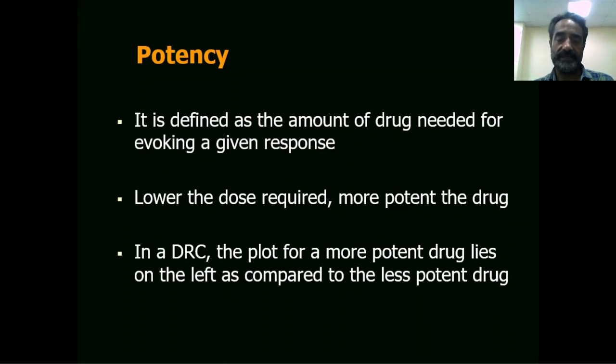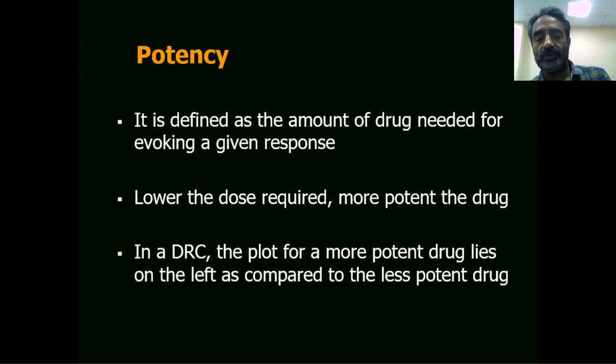Potency, on the other hand, is defined as the amount of drug needed to evoke a given response. For example, 40% of the maximal, or 50% of the maximal.